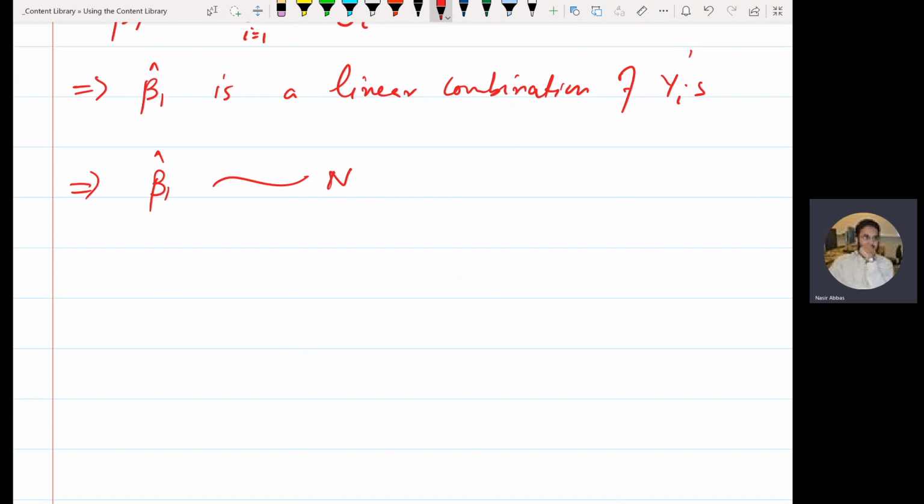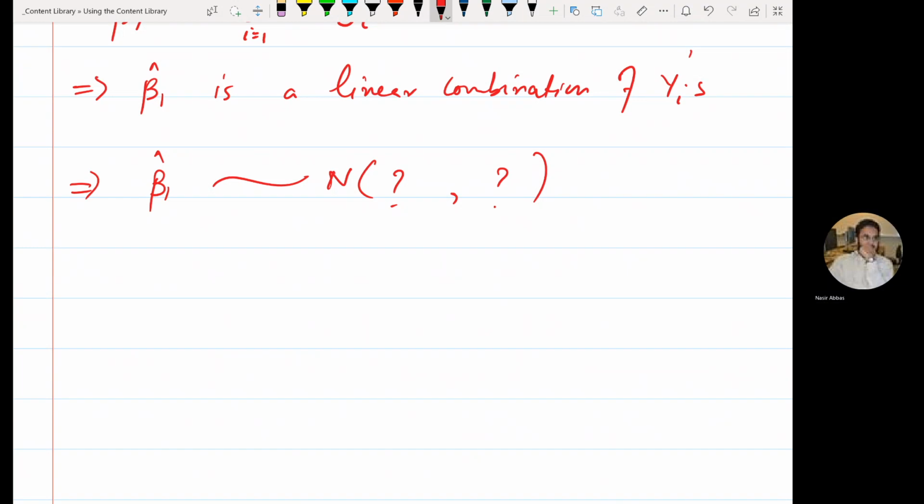This is where we stopped in the previous class. We identified the sampling distribution of beta 1 hat to be normal and we stopped.